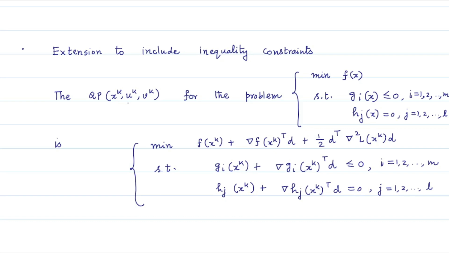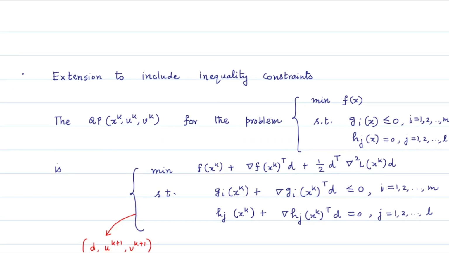So while solving this QP at the given point xk with uk, vk, we should find that solution (d, uk plus 1, vk plus 1) for which uk plus 1 has all components greater than or equal to 0. This is a special restriction for problems with inequality constraints.